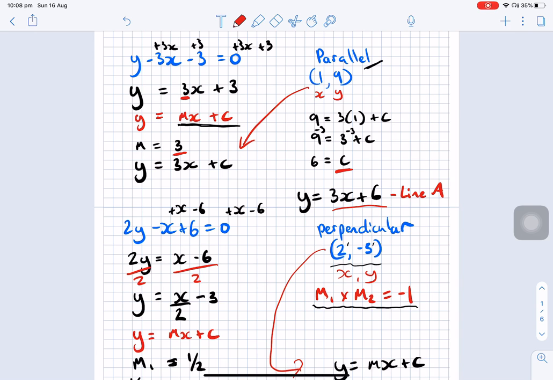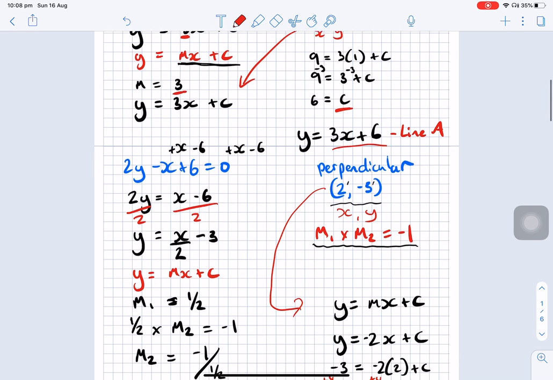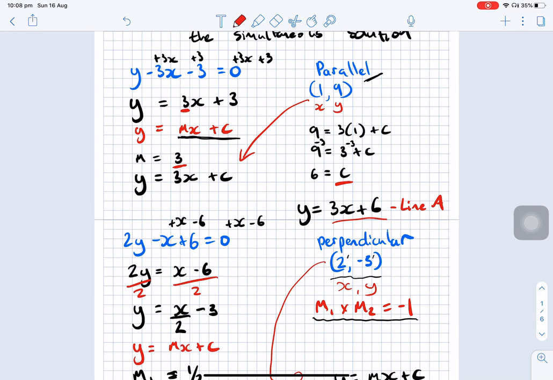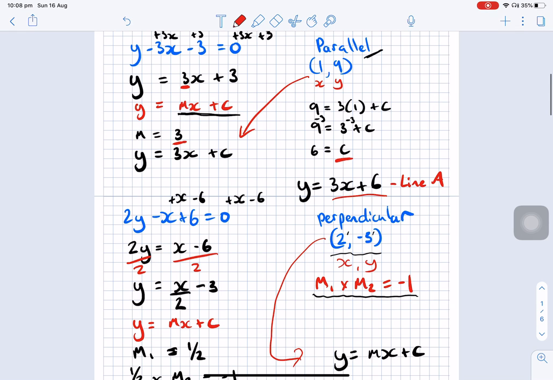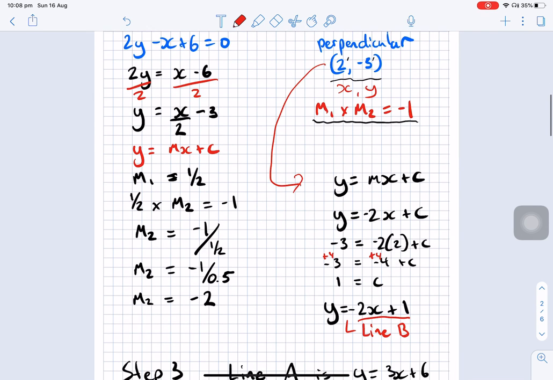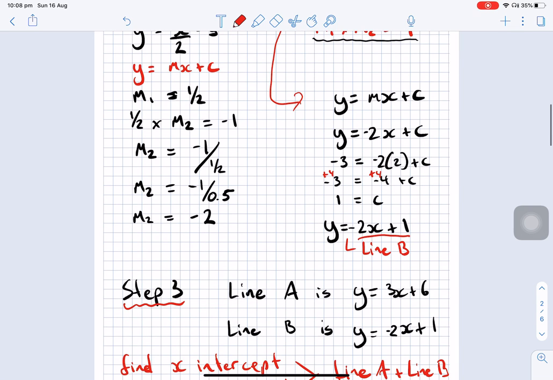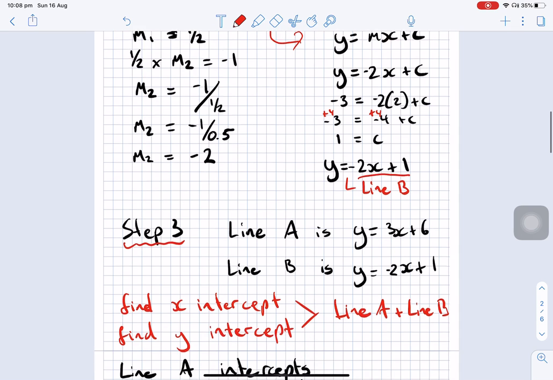We used the gradient to find my equation under the form of y equals mx plus c, subbed in the point that we were given, which was 1, 9, we were able to find a c value, and that gave us line A, y equals 3x plus 6. And then we had line B, which is perpendicular. Remember that formula, m1 times m2 equals -1. Really important formula to know with linear equations. We used that to find our gradient. We found our c value, and that gave us line B of y equals -2x plus 1.